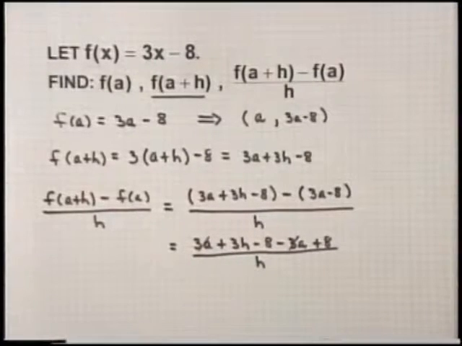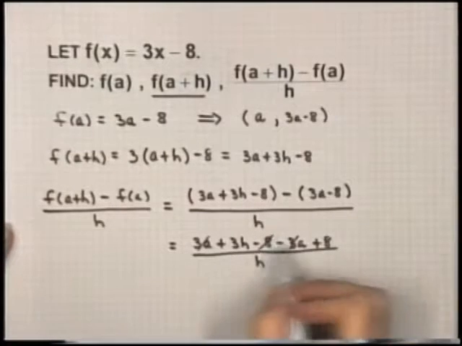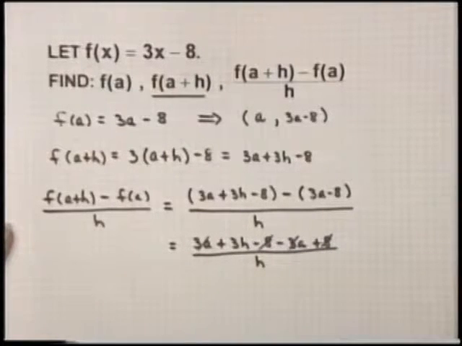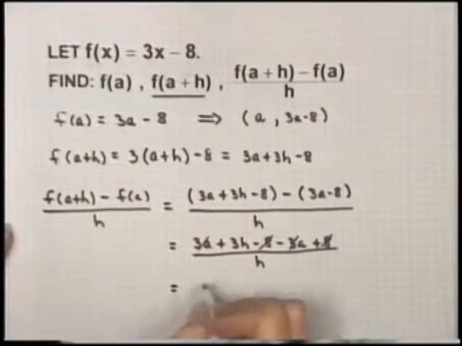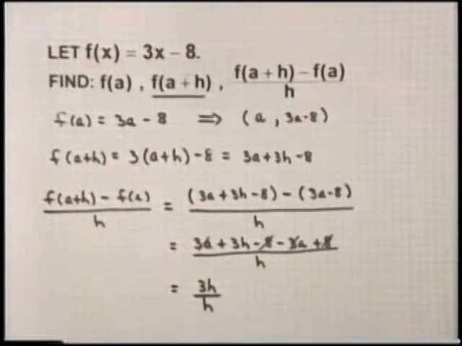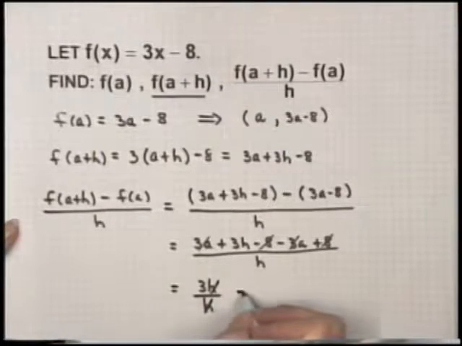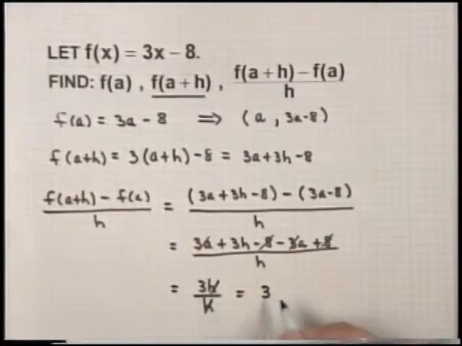Those terms will add to 0. Negative 8 plus 8 also adds to 0. So I have 3h over h. 3h over h has a common factor of h. If we cancel our h's, we have 3 over 1, or simply 3.